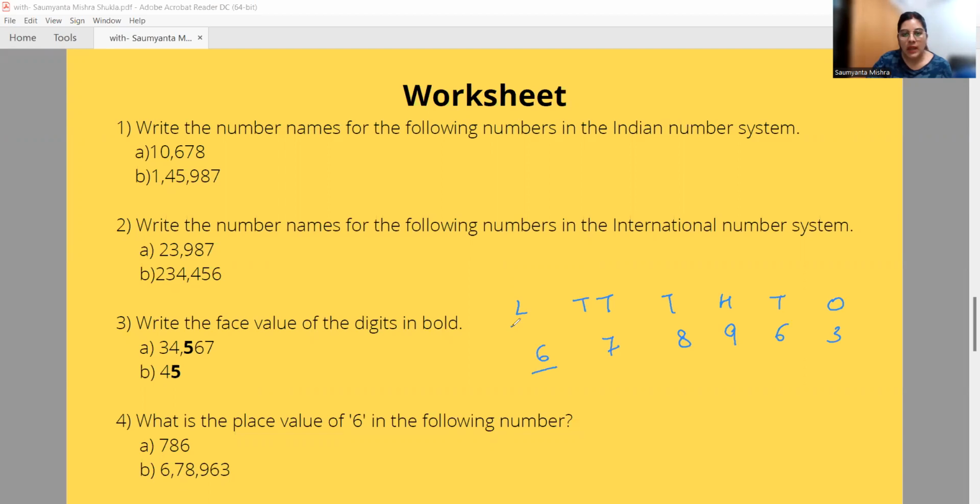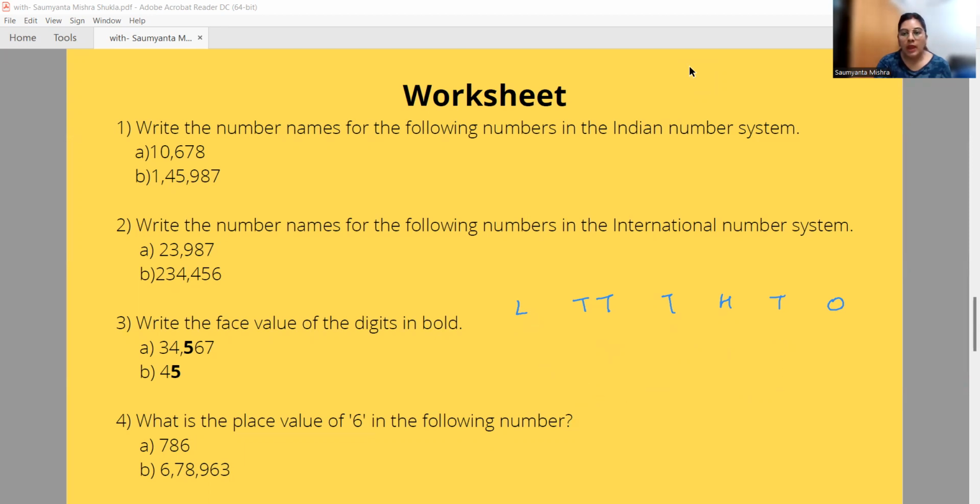So 6 comes under the lakhs place. So its place value will be 6 into 1 lakh. Lakh has 5 zeros. So it will be 6 lakh. Similarly, using the number system chart, we can define the place value of any digit in a number.